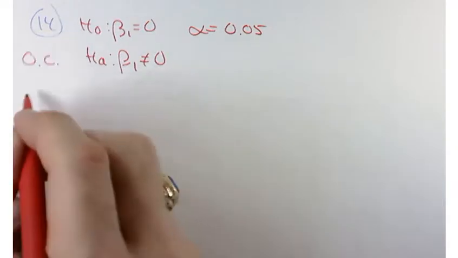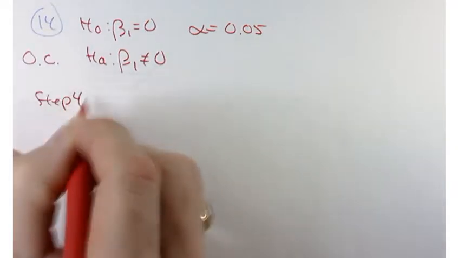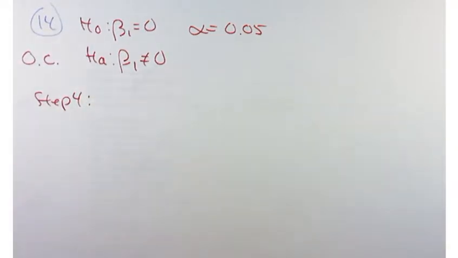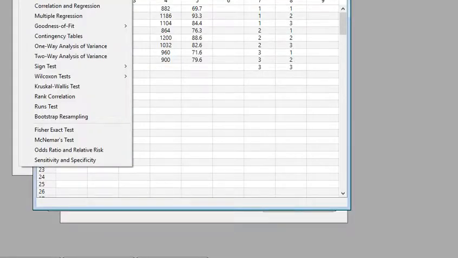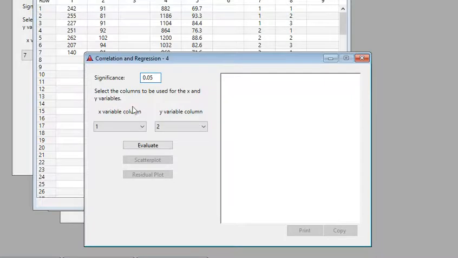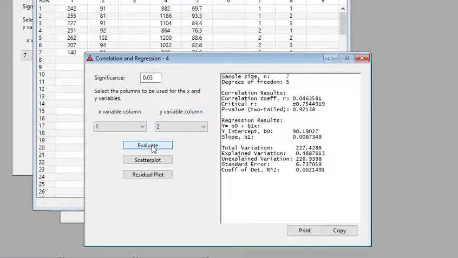All right, so let's jump up to step 4. Get a p-value. Analysis, correlation and regression, evaluate. So we get a p-value of 0.9213.